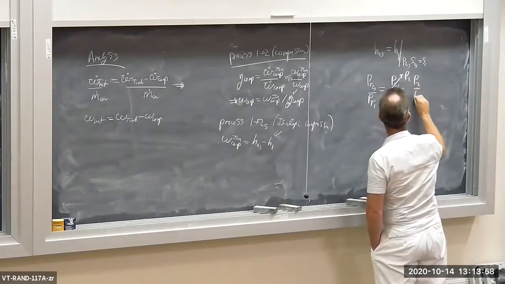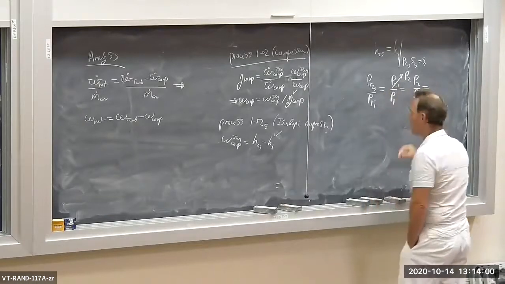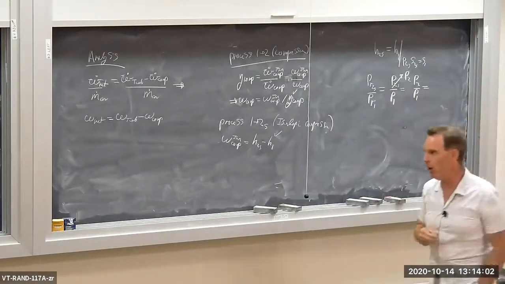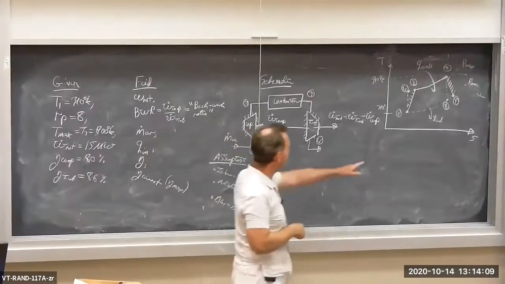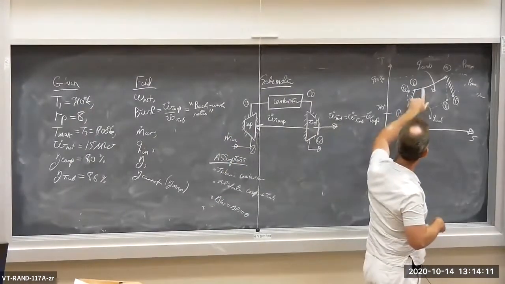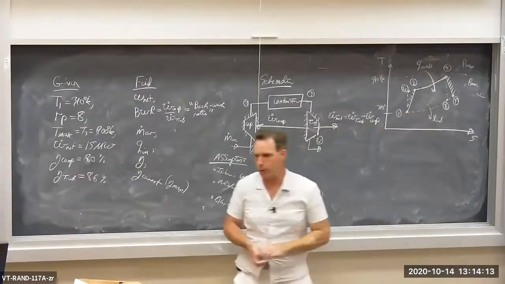So this is P2 over P1. Now P2 over P1 is our pressure ratio. P2 over P1 is R sub P, or our pressure ratio across the compressor.